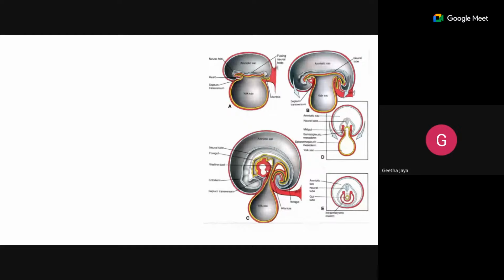And here you can see, once more I am telling this, the gut tube with the splanchnopleuric mesoderm. This is the intermediate mesoderm, which now lies in the cavity of the embryonic coelom, that is, the future peritoneal cavity. It lies as if it is on the posterior wall. It is due to this folding.